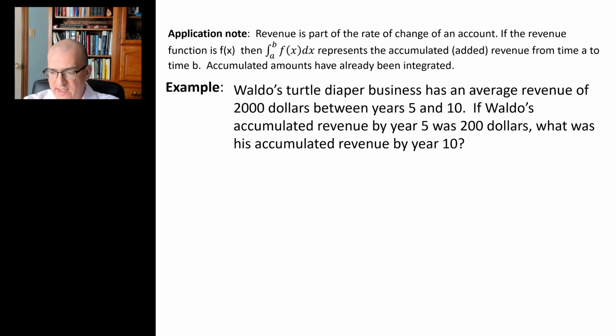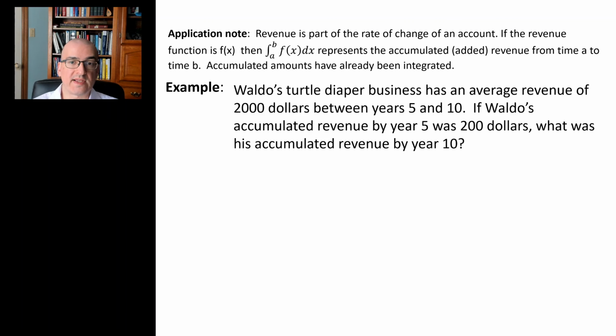So I'll go back to that idea of money, bank accounts and stuff. If we think about a bank account, the revenue represents one component of the rate of change of that bank account. Another component would be withdrawal or cost. So revenue is a rate of change of the bank account. When we take the antiderivative of the rate of change, we get the original function.